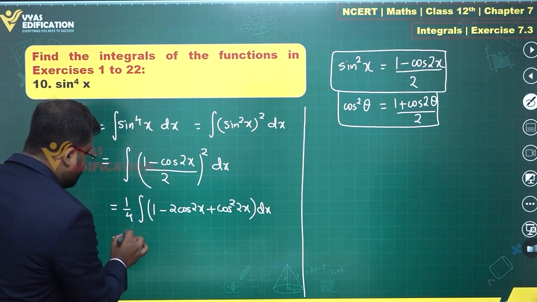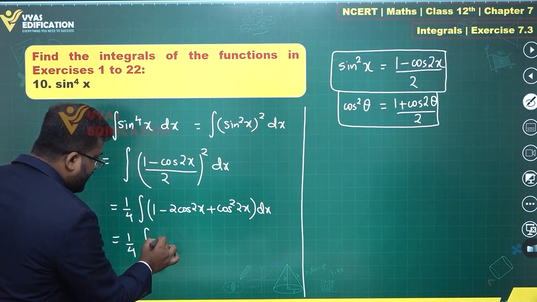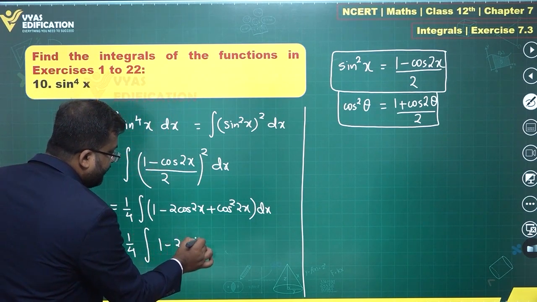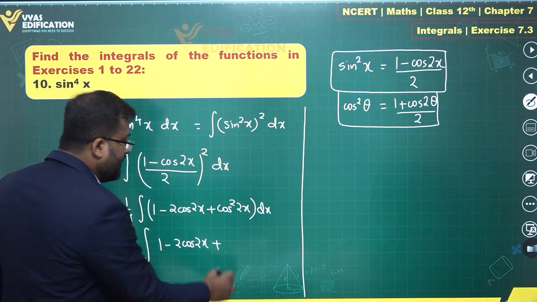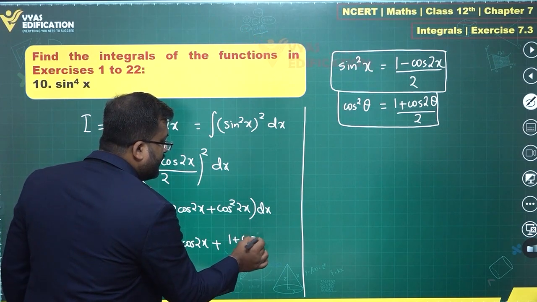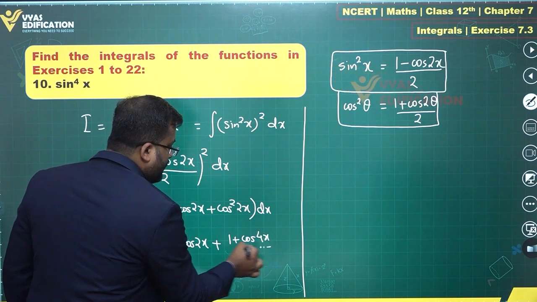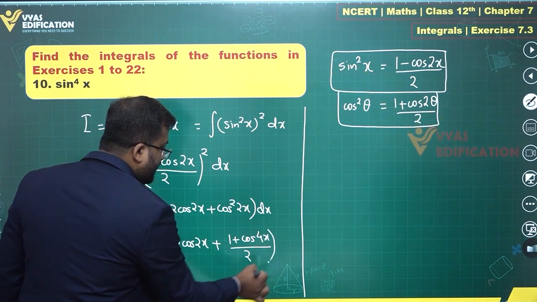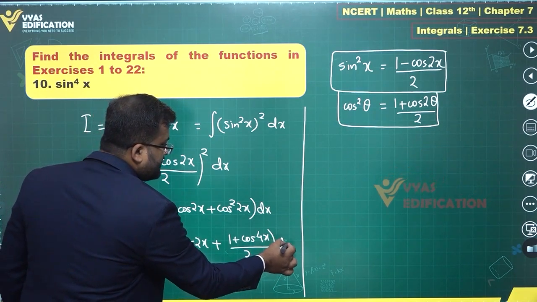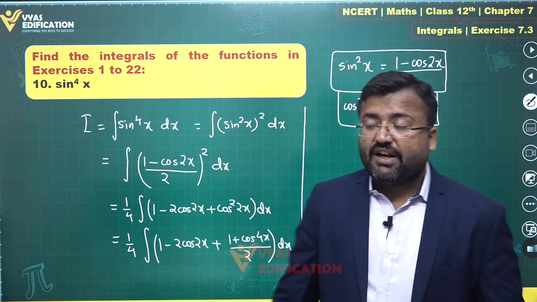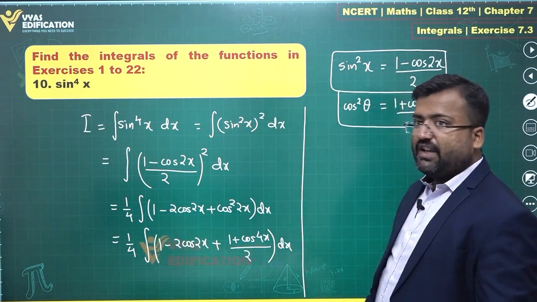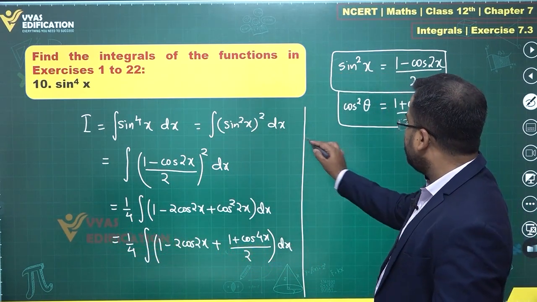What do we have? 1 by 4 integral of 1 minus 2 cos 2x plus, cos square theta is 1 plus cos 2 theta, which is 4x, whole divided by 2, dx. Now each term is integrable, and this is the form in which we can integrate. But one more simplification can be done.